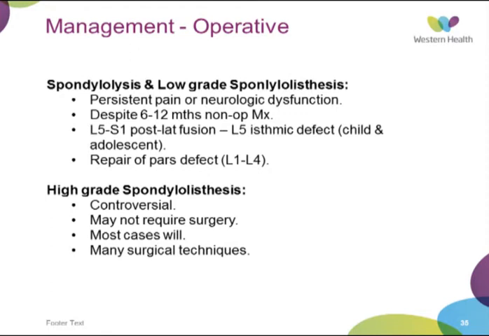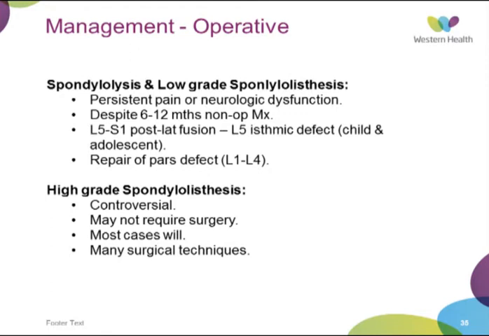L5 to S1 posterolateral fusion with an L5 isthmic defect in children and adolescents. We can also repair the pars defect, which is usually at a level of L1 to L4.